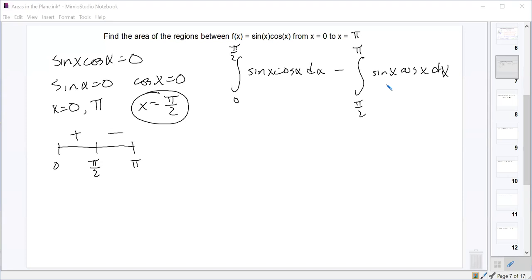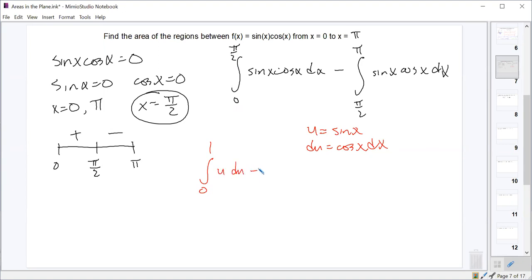What should we let u equal? Sine. So du will then be cosine x dx. And so we end up with, let's see here, what's the sine of 0? 0. And the sine of pi over 2? 1. And then that just becomes the integral of u du.